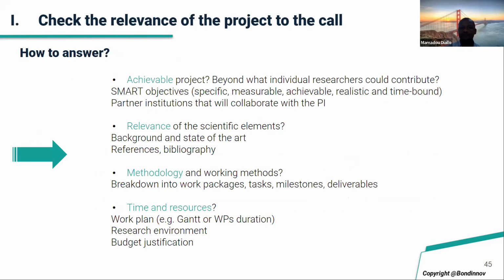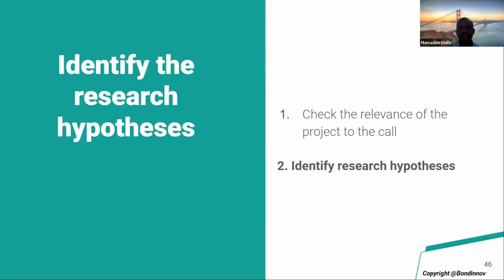So how to answer? We already mentioned the achievable project: you have to go with SMART. It's achievable, it's relevant, and talk about the methodology, breakdown into work packages, tasks, milestones, and deliverables, time and resources, work plan, research environment, budget, justification.